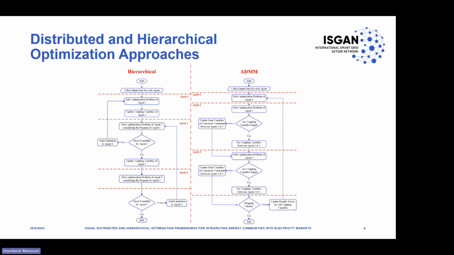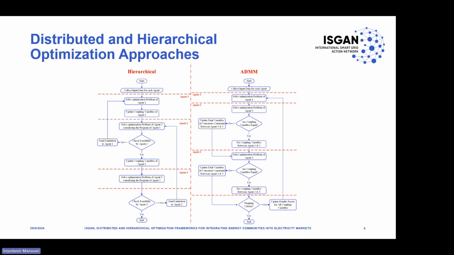So here are the differences between hierarchical optimization and the distributed optimization approach, for which we chose ADMM. So overall, hierarchical optimization involves a top-down approach where a central agent makes decisions that are then distributed to sub-levels for implementation, okay?